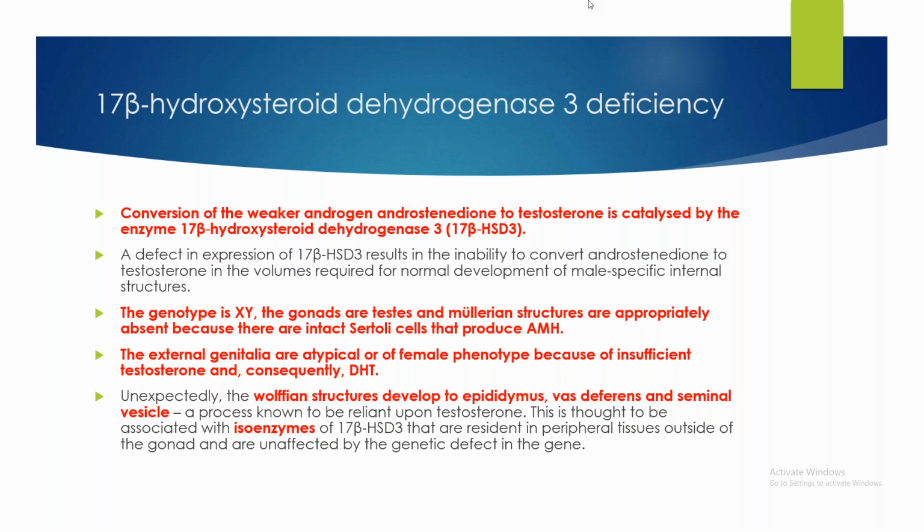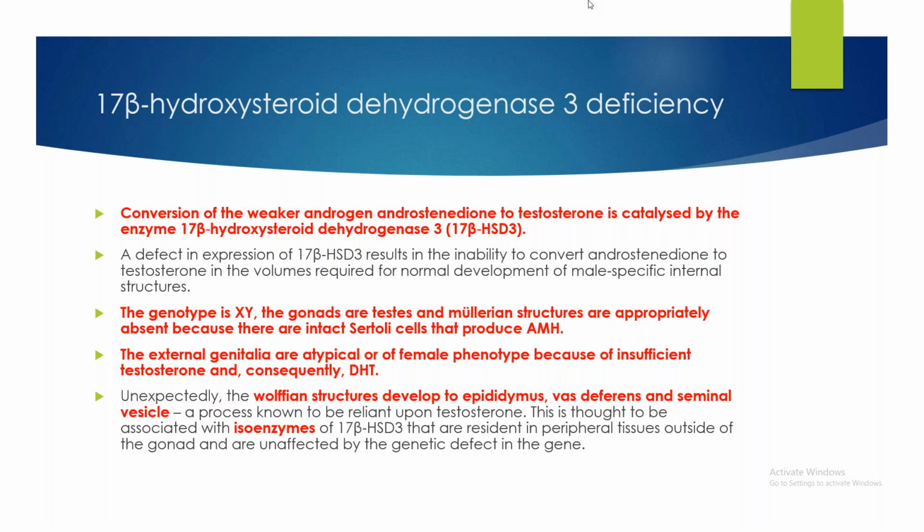Here testosterone will be there, but it will not be adequate for development of male-specific internal genitalia. Karyotype will be XY. Gonads will be testes. Mullerian structures will not be there, but because of insufficient testosterone, there will be ambiguous external genitalia.